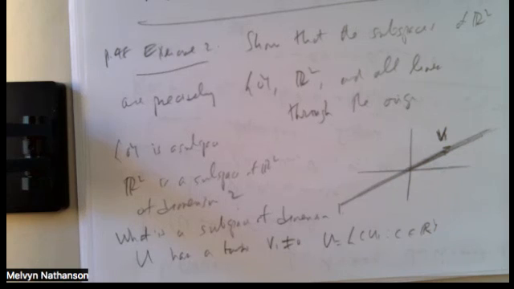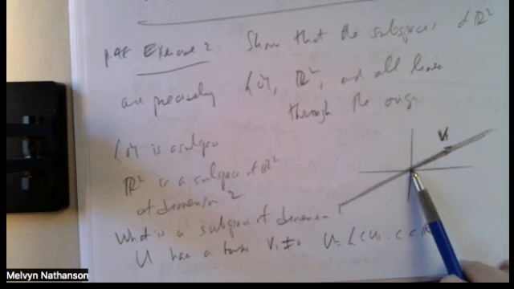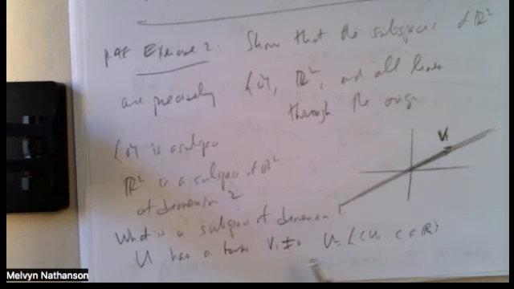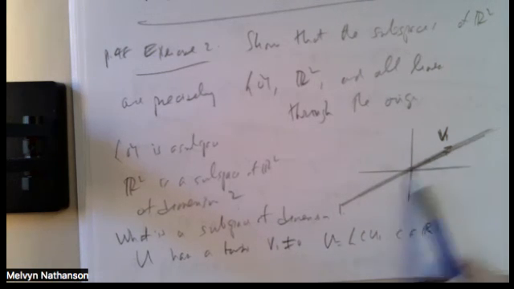So in R2, you have subspace dimensions 0, 1, and 2. The only subspace of dimension 2 is the whole vector space. The only subspace of dimension 0 is the origin, just 0. And the one-dimensional subspaces are lines through the origin.